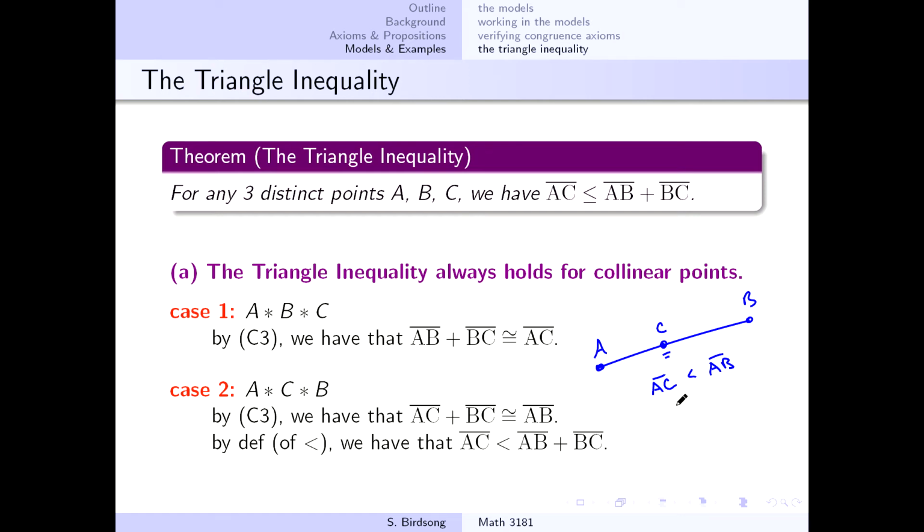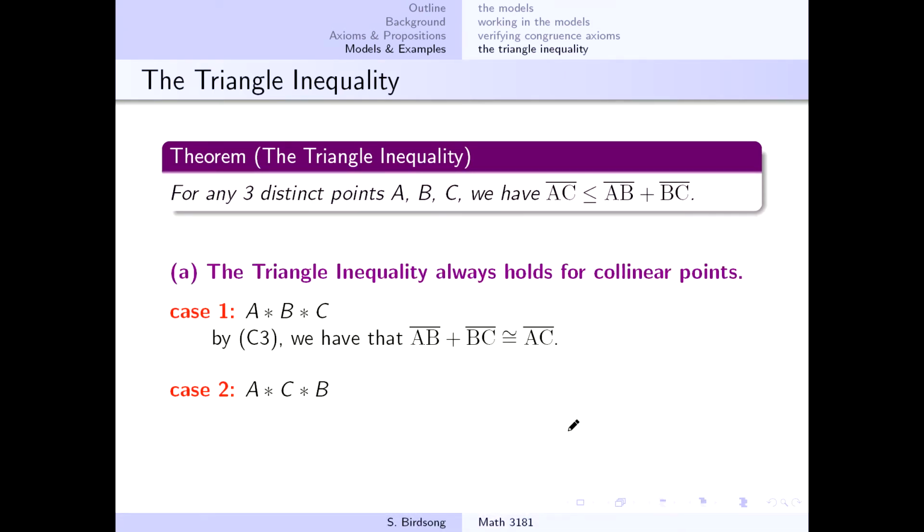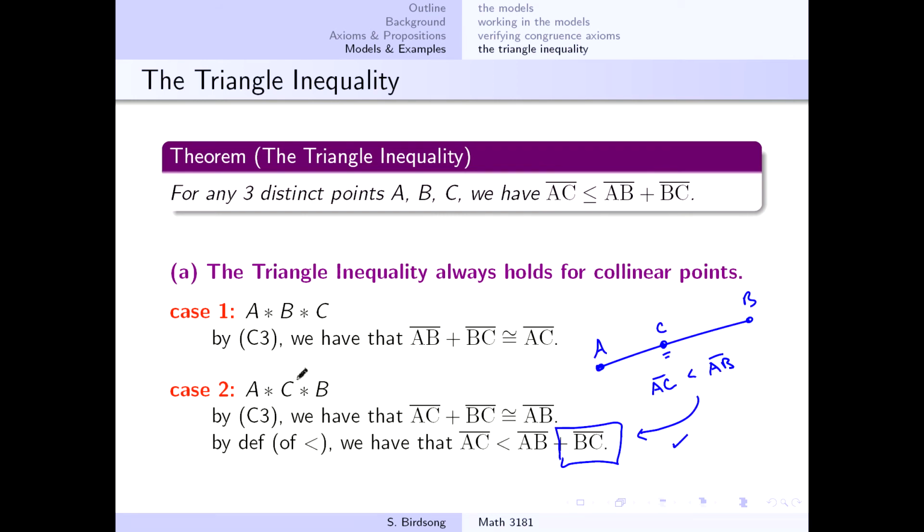So then, if you add on any line segment, in this case BC, that is automatically going to be true just by the definition of line segment inequalities. And you do the same exact thought process here if you wanted to put point A in the middle.